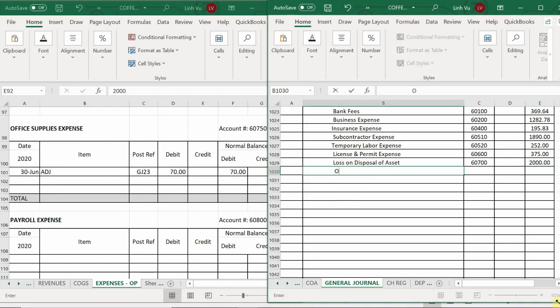Our next account we have is office supplies expense for account number 6750. Okay. And this is going to be for the amount of $70.